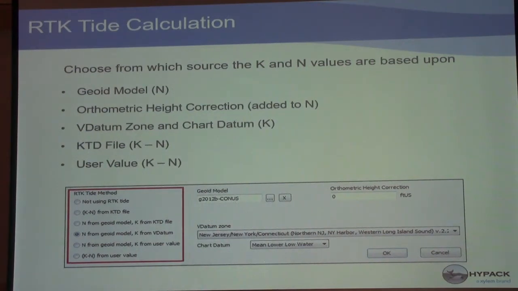So in the earlier days, we were more confident in a KTD file where somebody's actually going out and surveying that local area, and just by default we called it N minus K. But the actual formulas should be K minus N. So hopefully that clears things up for whoever asked that question last year.